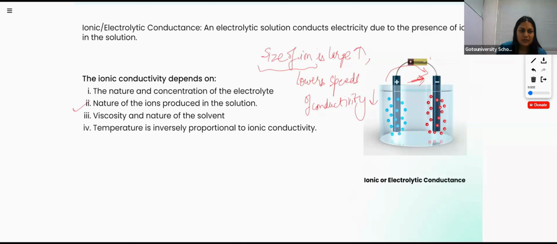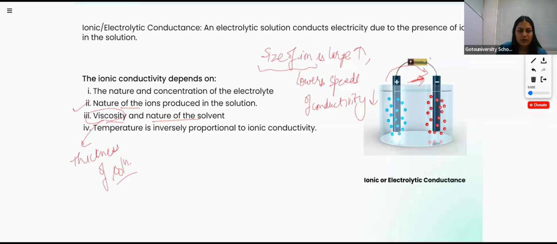What is next? It also depends on the nature of solvent and viscosity. What is viscosity? It is the thickness of the solution.